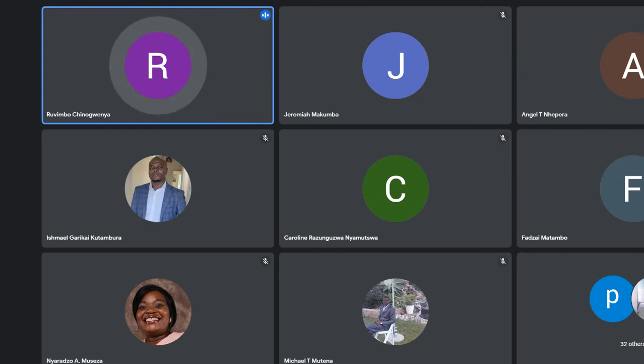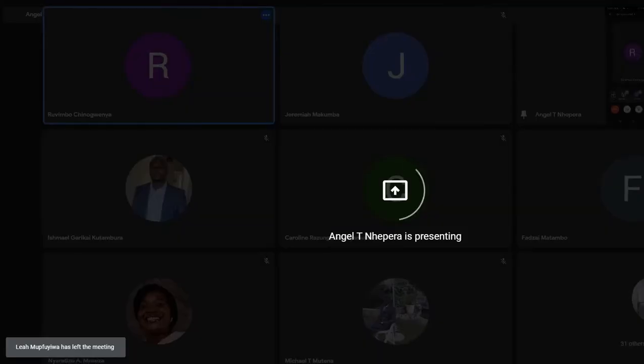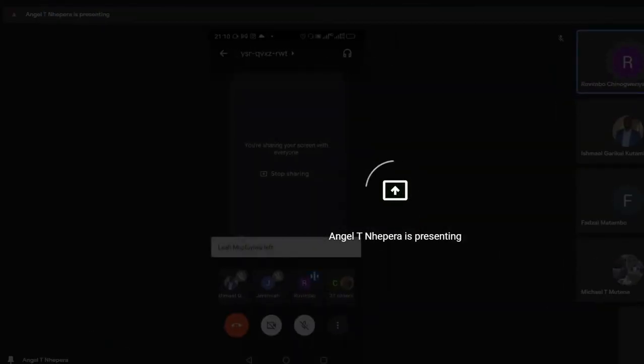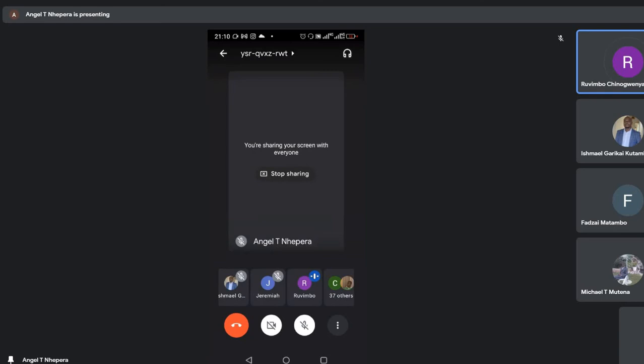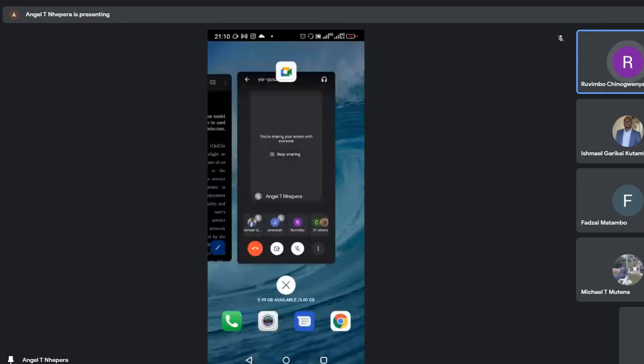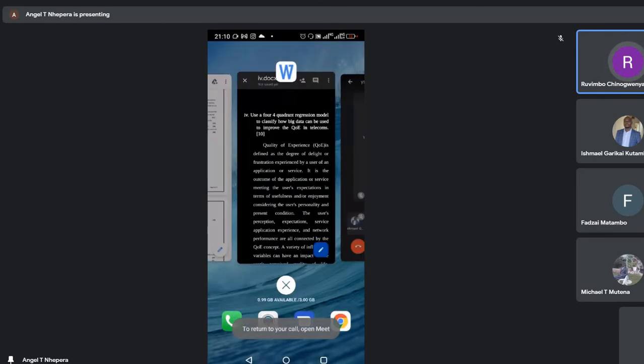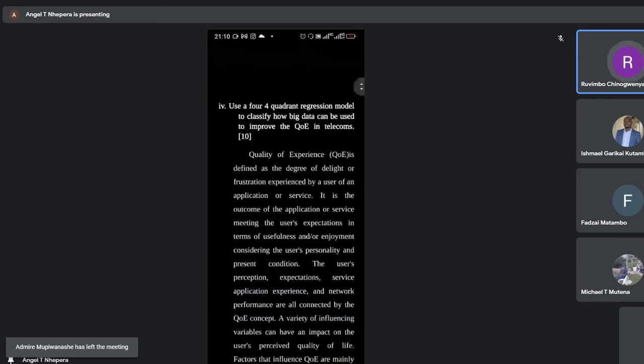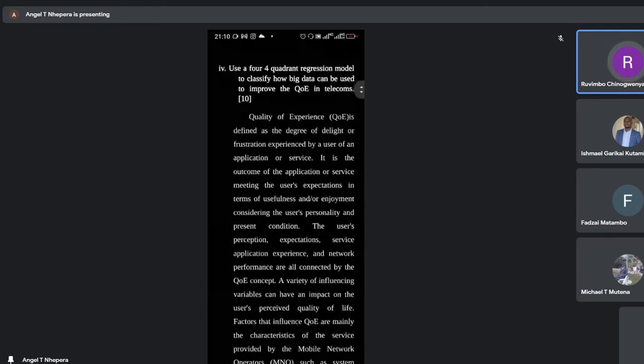And then we moved on to a variety of variables that can influence the characteristics of the service provided by the mobile network operators, such as the system, human background, and education.